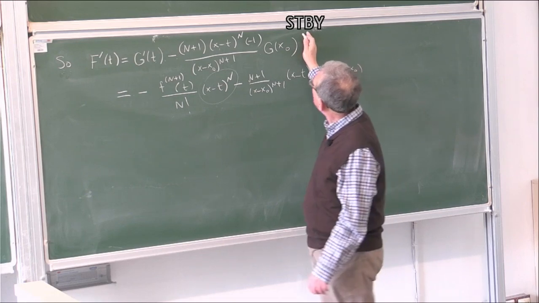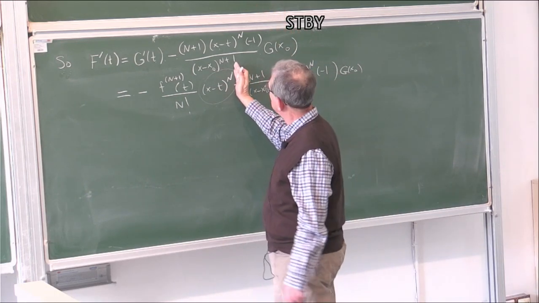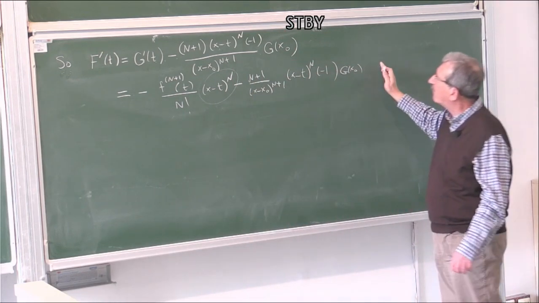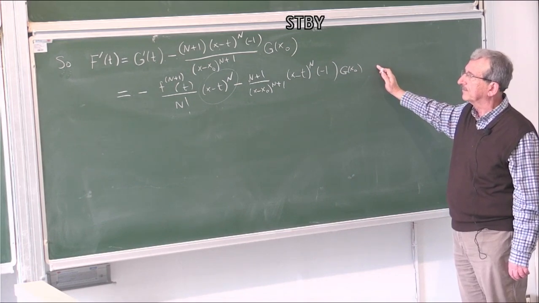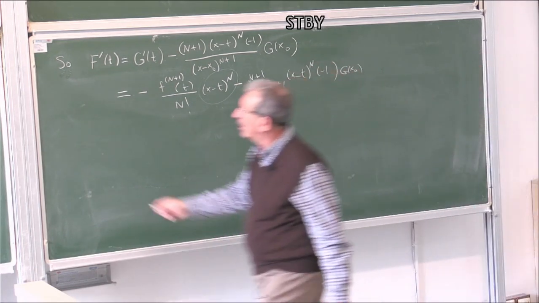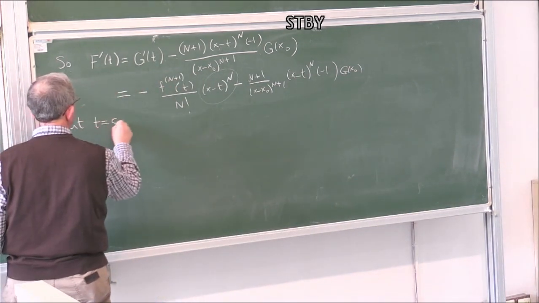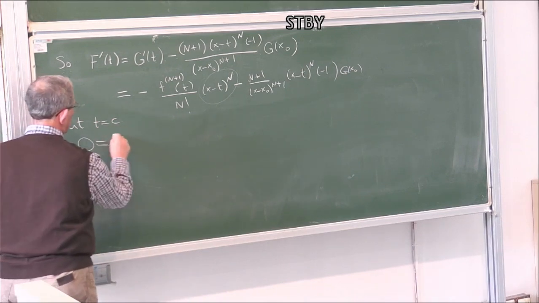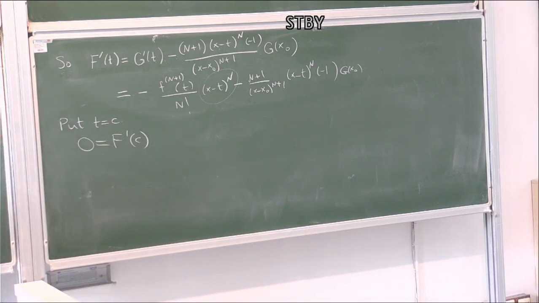Now, writing down what we have from above up to this point, we see that we get f prime t equal to this difference. Now, put t equal to c. Recall, c was a value where the derivative of f was 0.